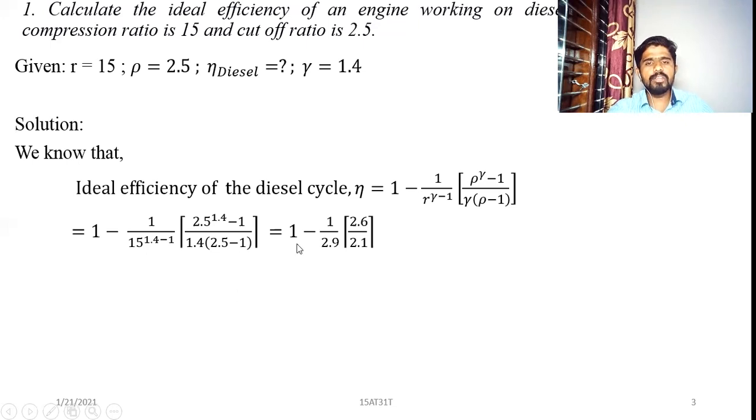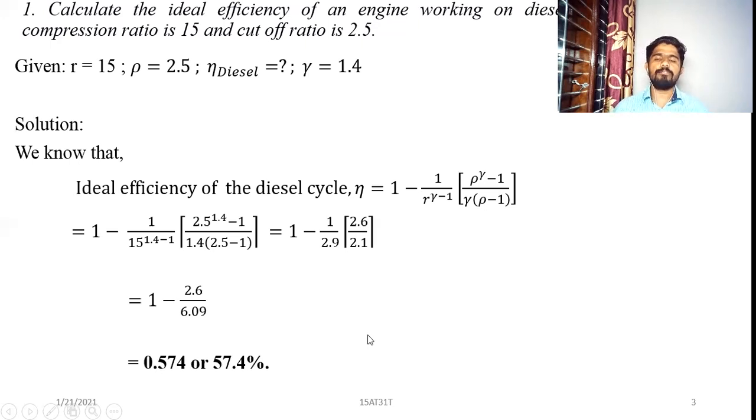If you simplify this, you will get 1 minus 1 divided by 2.9. You can check this by using your calculator. Into 2.6 divided by 2.1. Again, if you simplify this equation, you will get 1 minus 2.6 divided by 6.09, and the final answer will be 0.574.